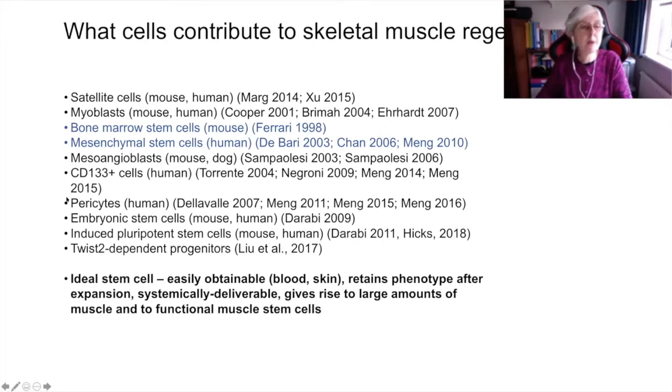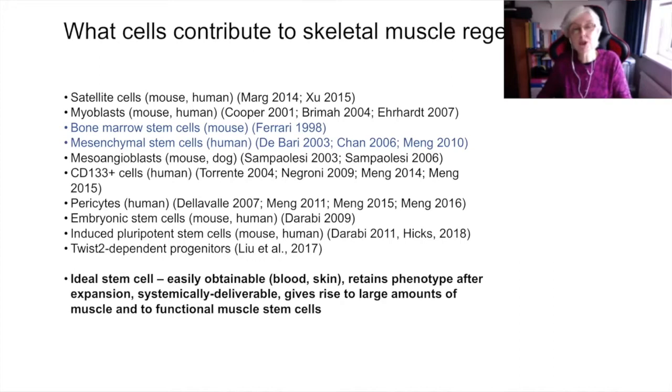They're also cells from skeletal muscle associated with blood vessels, pericytes, or mesoangioblasts, and cells present in skeletal muscle that express the antigen CD133. These all contribute to muscle regeneration, but they all have limitations. Ideally, we'd want to prepare our stem cells without having to do an invasive muscle biopsy, from something easily obtainable from blood or skin.